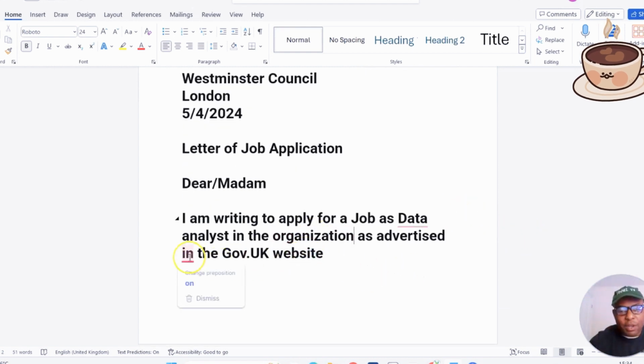I am writing to apply for a job as a data analyst in the organization as advertised on gov.uk website.